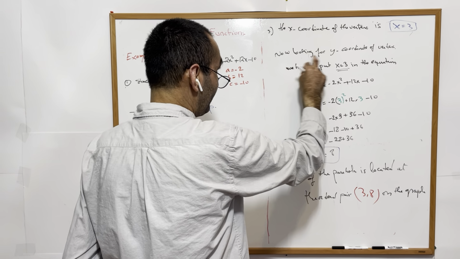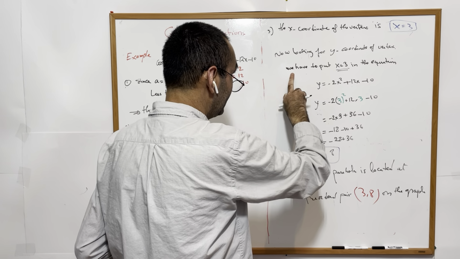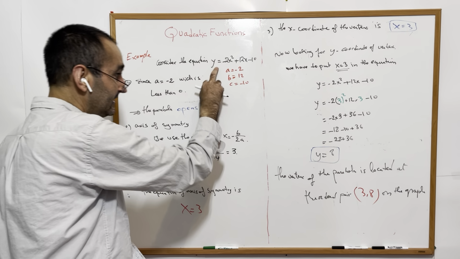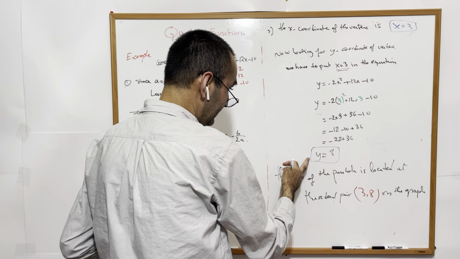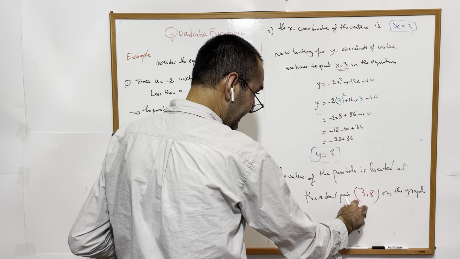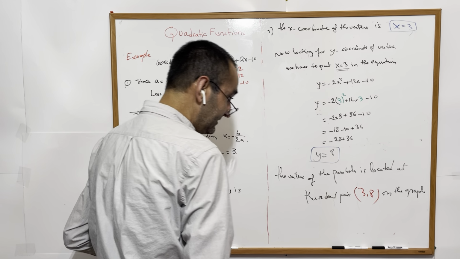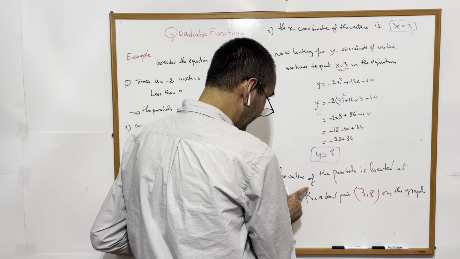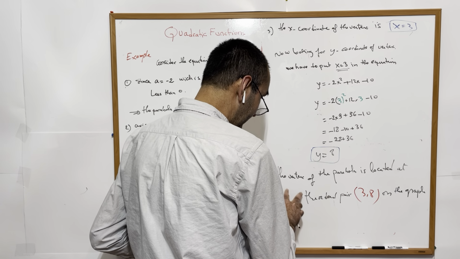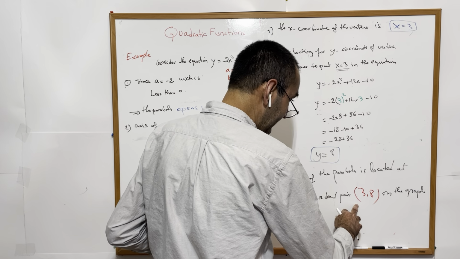To find the y coordinate of the vertex, you just put x equal 3 in the equation. We find y. Then we have the pair 3 and 8. This is the vertex of the parabola.